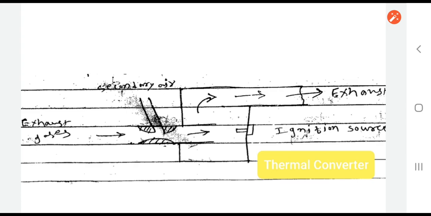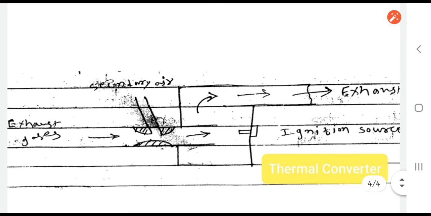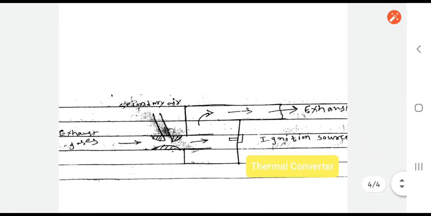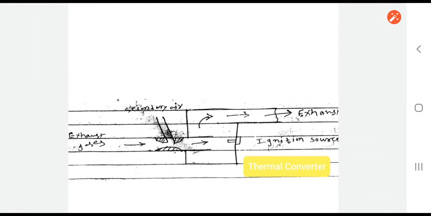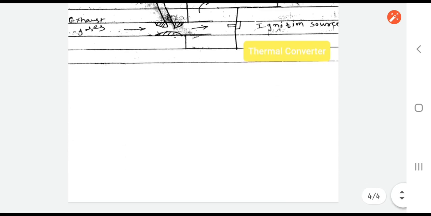That means complete oxidation takes place inside this chamber. Some unburnt hydrocarbons and some nitrogen oxides are present, and they will completely oxidize within this chamber, and then be supplied to the exhaust, to the atmosphere. This is nothing but the thermal converter.